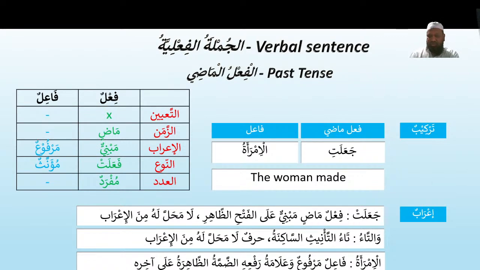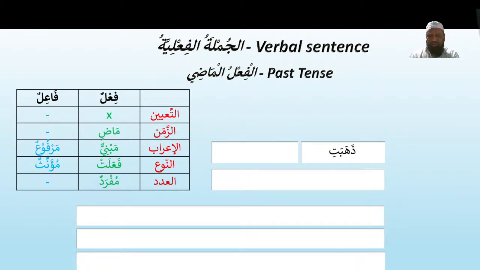Right, let's do a few more examples. Over here will be jama mukassar. As we've learned, the fa'il, the adad is always mufrad. Always mufrad. ذهبت. For al-mufrad ism or al-mufrad fa'il, we use ذهبت.